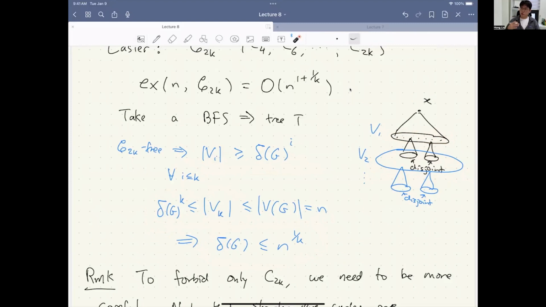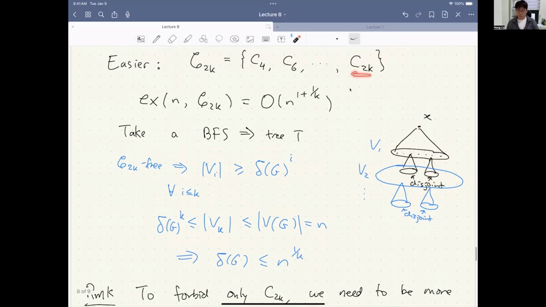We want to control the growth of each layer when you do the BFS from the graph, and show that every layer still expands roughly by this factor. But the problem here is that before finding even a shorter cycle, we will reach a contradiction. Here, we have to find exactly a cycle of length 2k.